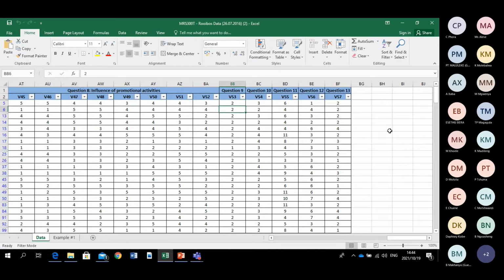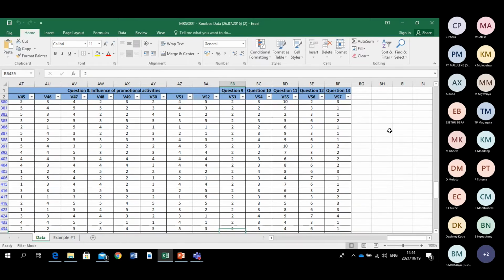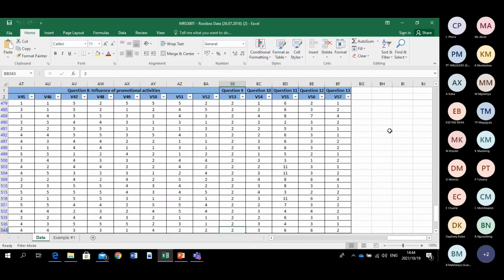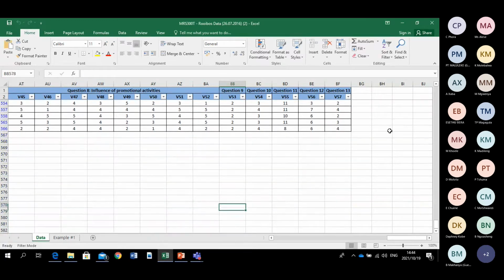So in this column, if, for example, we have to present the results regarding this question, which was about gender, usually you will want to do some sort of an analysis using Excel to do the calculations for you.